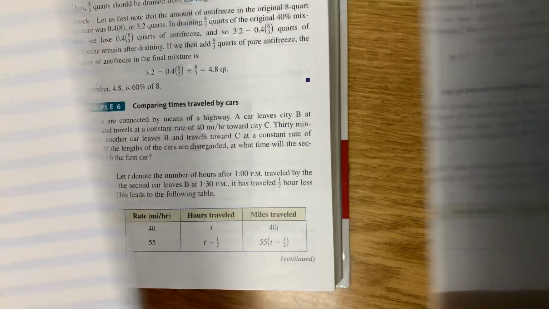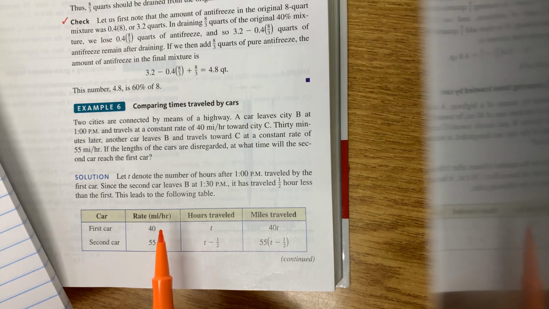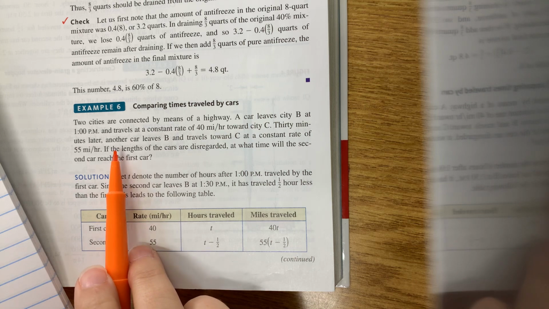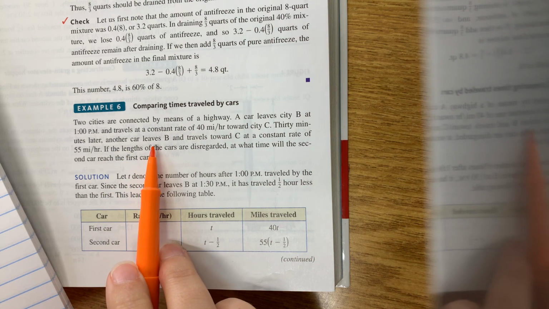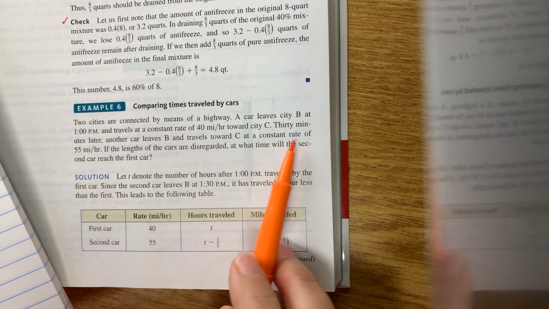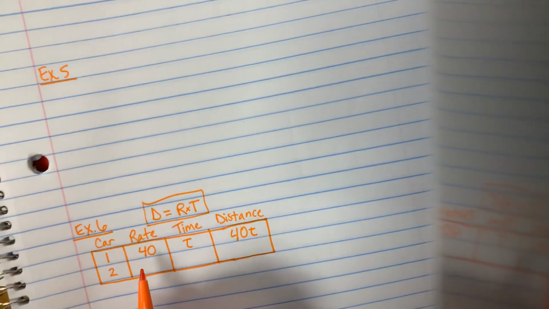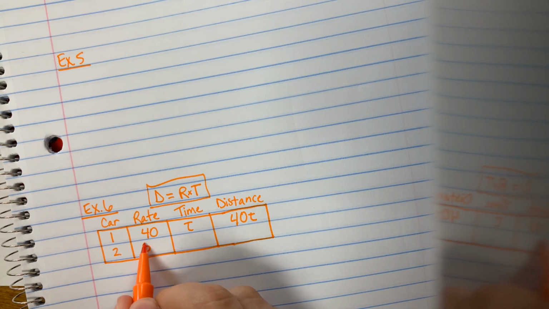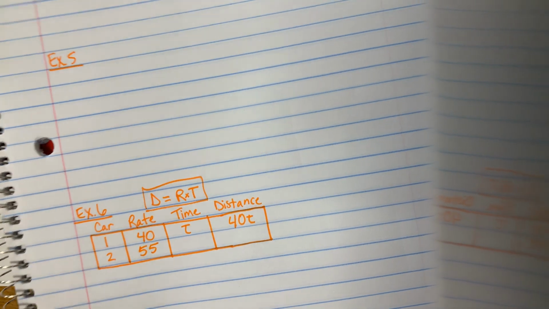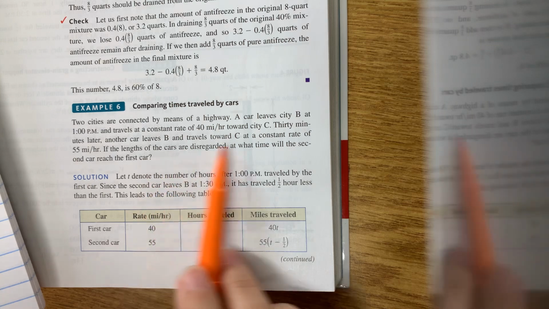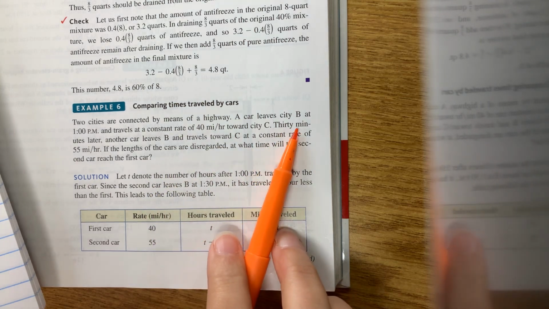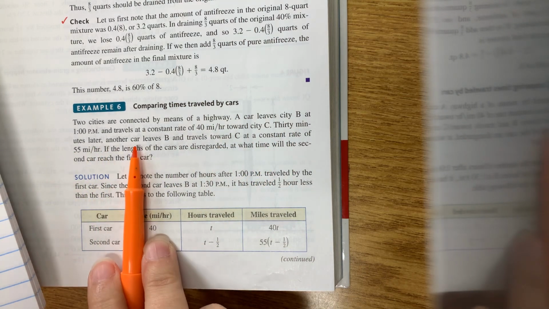And then car 2. So in this one, they said another car leaves B and travels towards C at a constant rate of 55 miles per hour. So right there, they told me that the rate was 55. Now, the time, what they told me here is that 30 minutes later is when that car left.